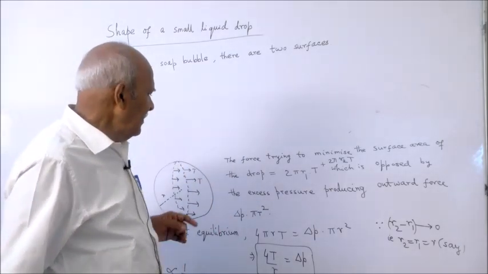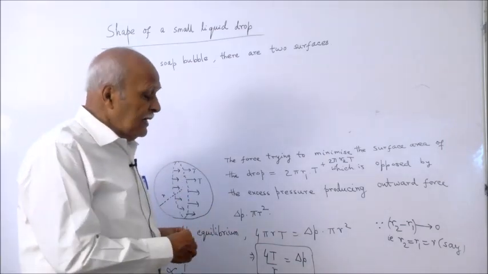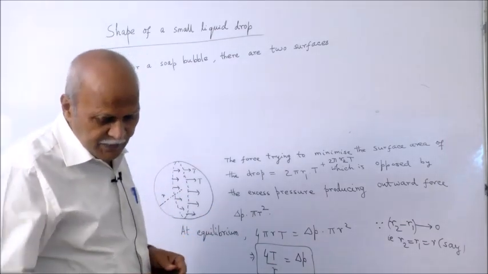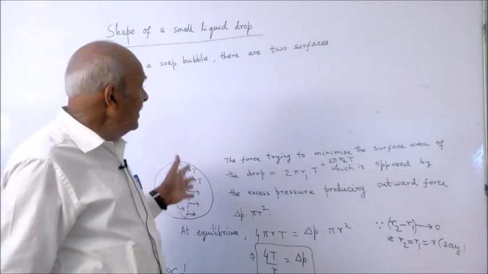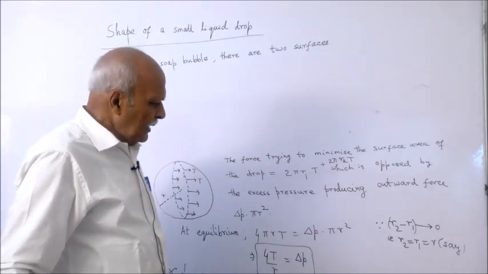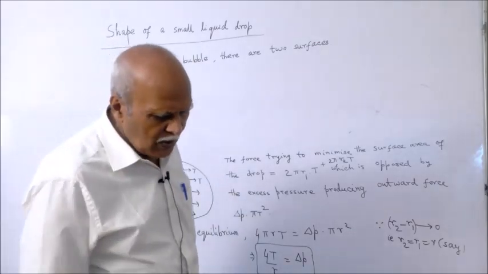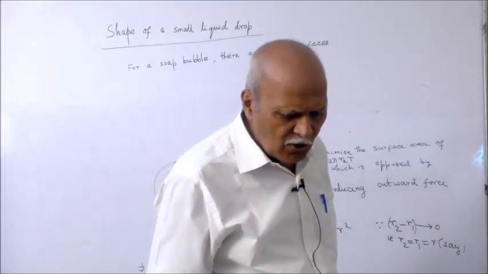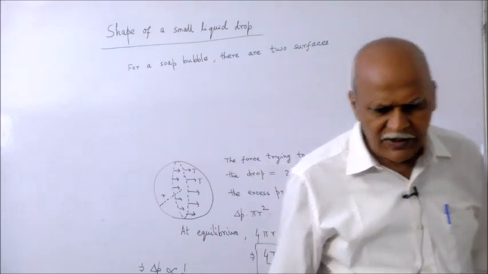The surfaces are different, but this principle is the same, that excess pressure must be there apart from atmospheric pressure to maintain the shape and size of the drops, and many problems are also possible. Say a bigger drop broken into smaller parts, what is the change in surface energy and those things.